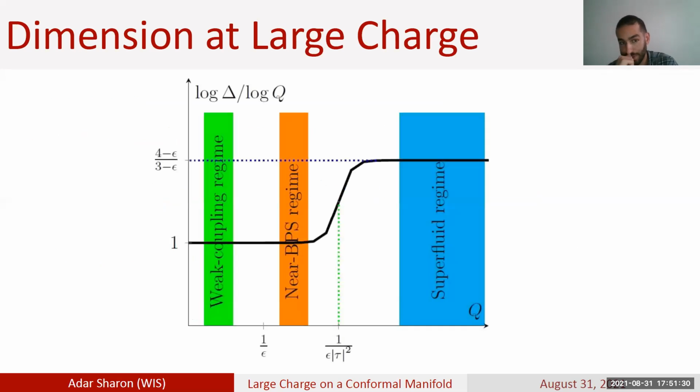So I want to summarize just this calculation. What we found is that as a function of tau, we can interpolate between the BPS or the free scalar phase and the superfluid phase. So at small tau, delta is linear in Q, so log delta over log Q is just 1. At large tau, we find the superfluid regime, so log delta over log Q is 4 minus epsilon over 3 minus epsilon, which is just d over d minus 1.